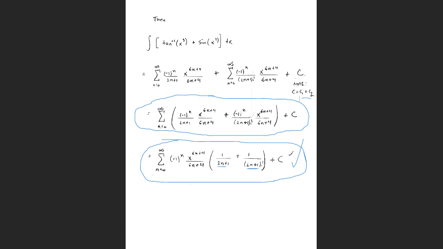Yep. No problem, Mohammed. Are there any other good questions? So the common factor, of course, was x to the 6n plus 4 over 6 times n plus 4. We just factored that out, and we get this result.